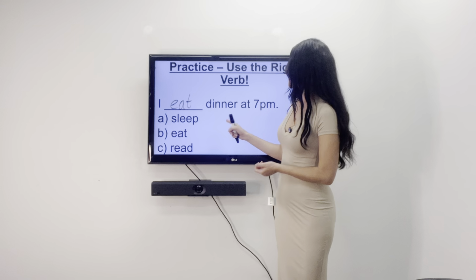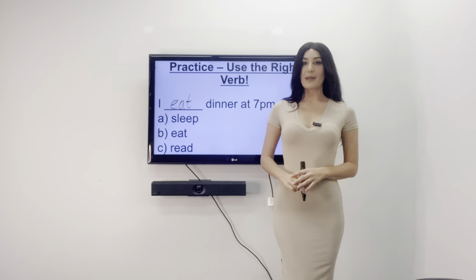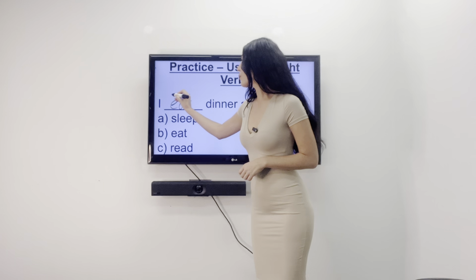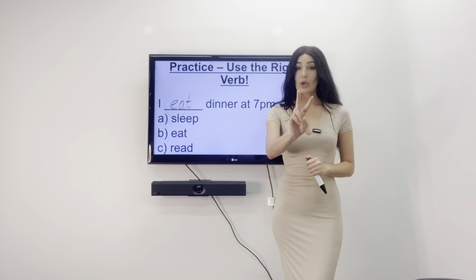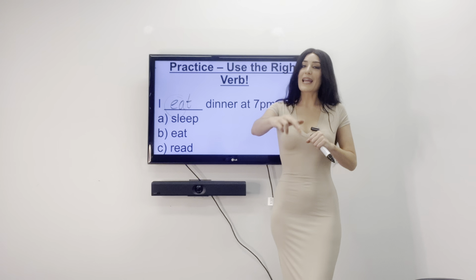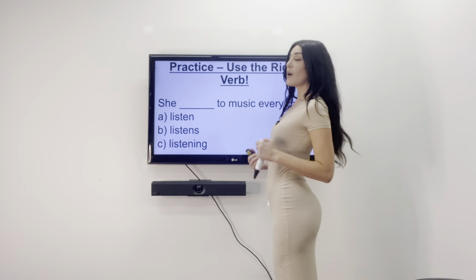Notice how the word eat begins with EA. That's two vowels. And so the sound can sometimes change, okay? This is pronounced eat. All right? So don't let that confuse you though. Well done if you got that one correct. So the answer was B. Give yourself a tick if you got that. And well done.